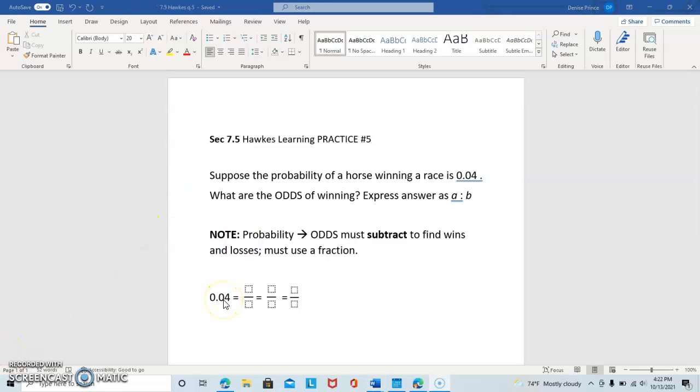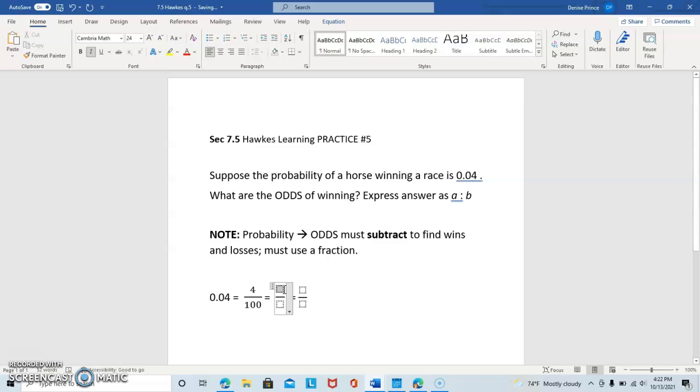So the first thing we must do is take this probability 0.04 and convert it into a fraction. Well, after the decimal point, we have tenths and hundredths. So 0.04, if this was money, that would be like 4 cents. Well, 4 cents or 4 pennies would be 4 out of 100. That's 4 100ths.